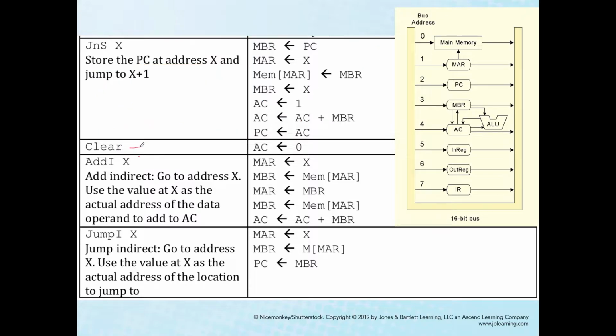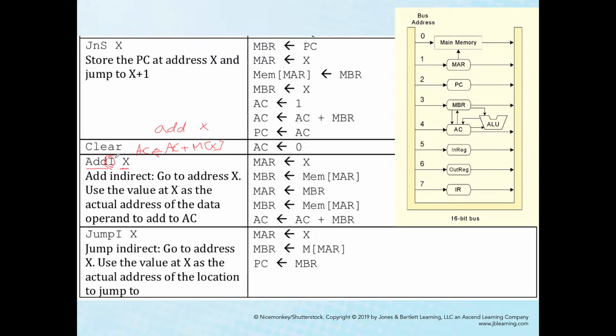And Clear is a very simple instruction. The accumulator gets 0 value, like resetting the accumulator. And then Add I X is that you can add indirectly. The Add we learned previously was that the accumulator and whatever is at address X are added together and stored in AC.